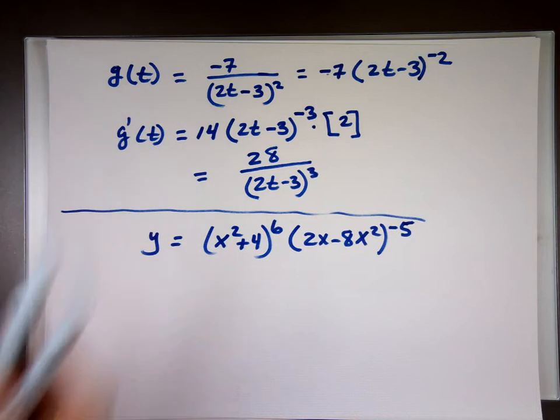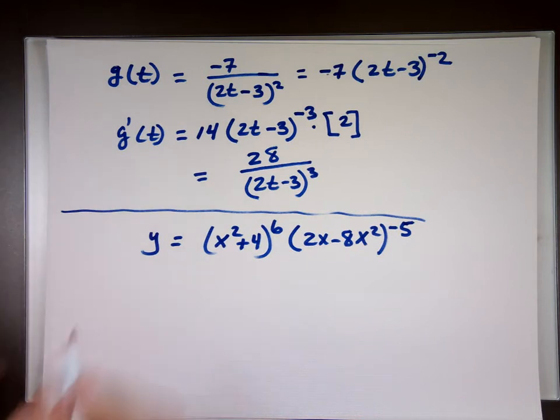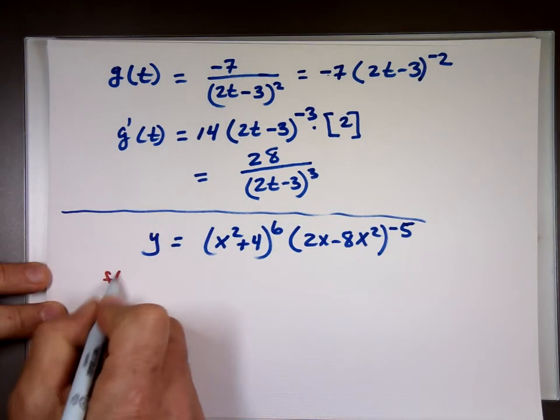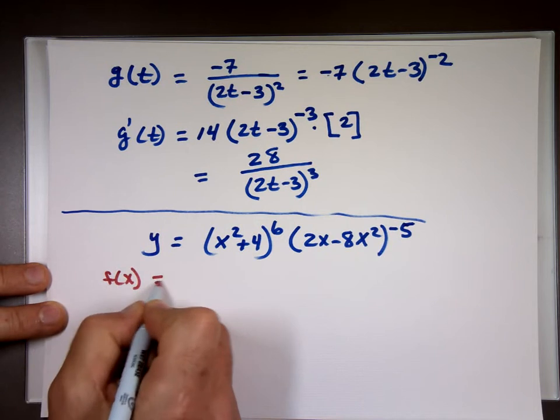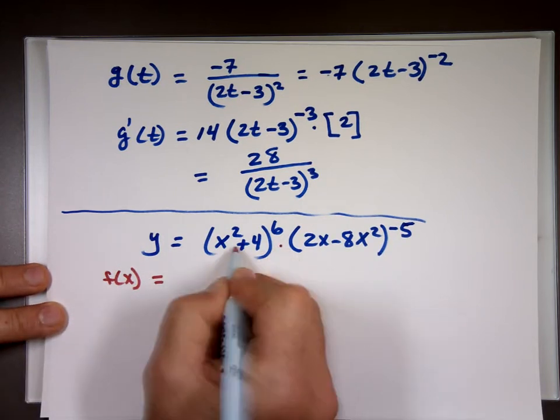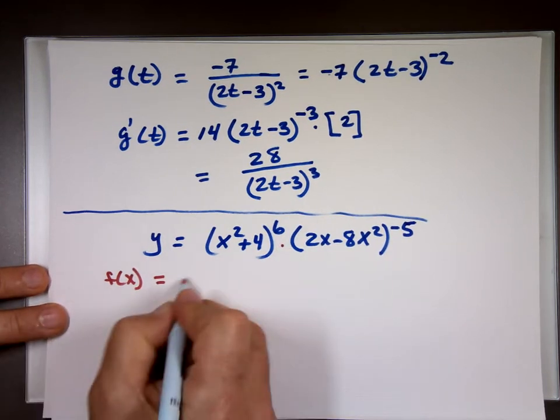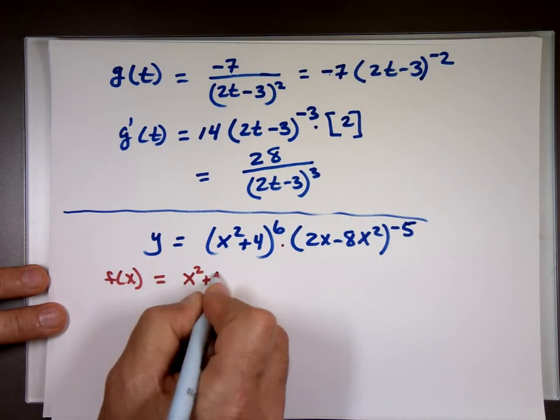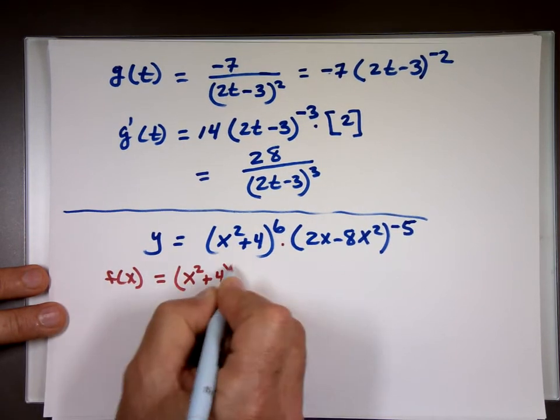I'm going to use the product rule. What's f of x here? F is the first one, right? We have a multiplication. This times that. X squared plus 4 to what power? 6.